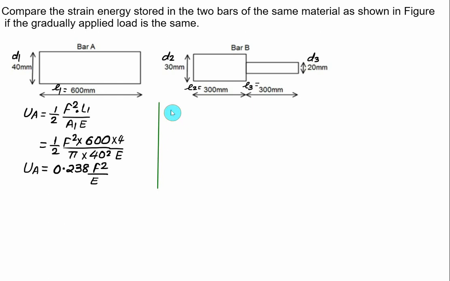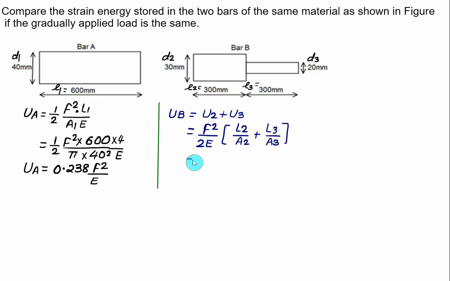In the second case, that is for bar B, you have to calculate the value of U2 plus U3. Here force remains same, Young modulus remains same. So we have 1 by 2, that is F square divided by 2 times Young modulus E multiplied by, what is left is L2 divided by A2 plus L3 divided by A3. Again we can take out here pi by 4 common.